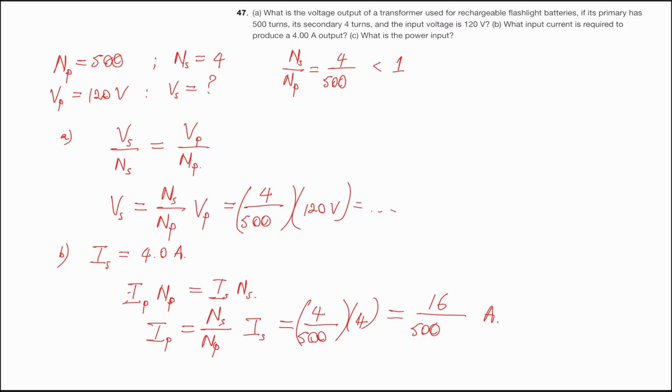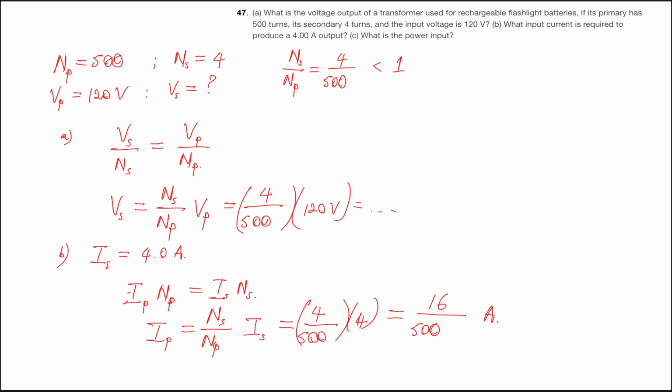Again, as we said, this is a step-down transformer. It has reduced the voltage from 120 to some new number, which we have determined here, but not the decimal numerical value of it.